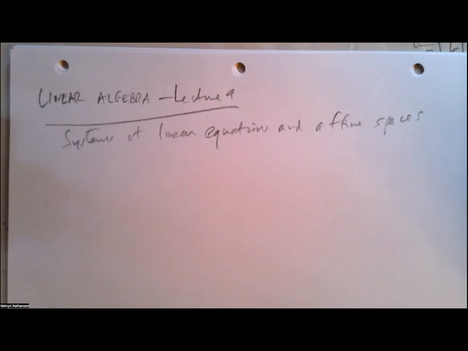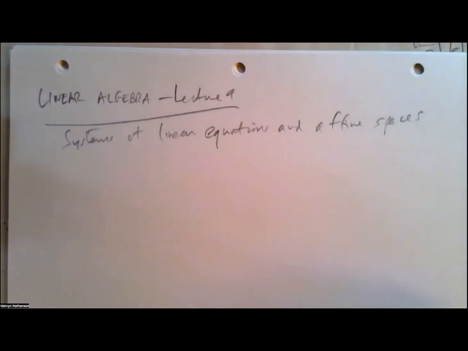Oh, it was 8. No, it wasn't 8. Sorry, which one? It was 7x minus 3y plus 2z. So there's a problem number 2, 7x minus 3y plus 2z equals 6. Yes, it was that one, yeah.